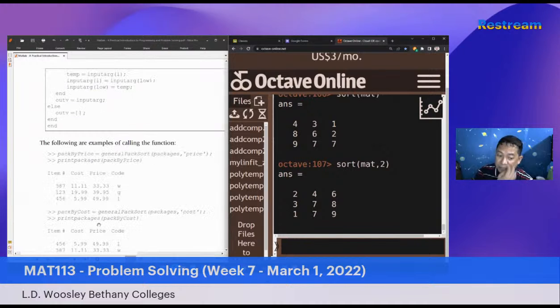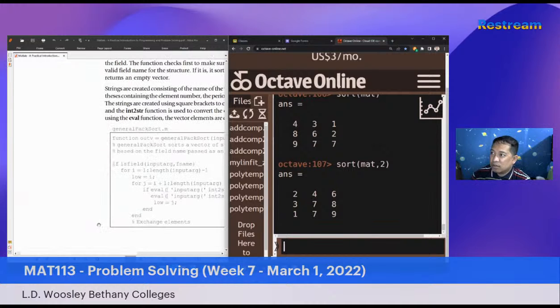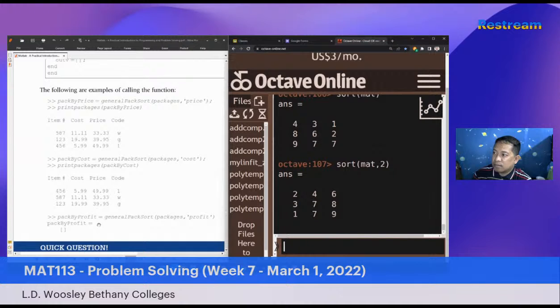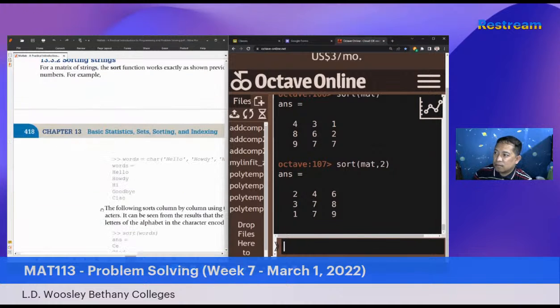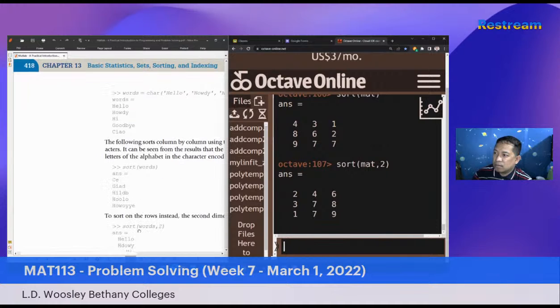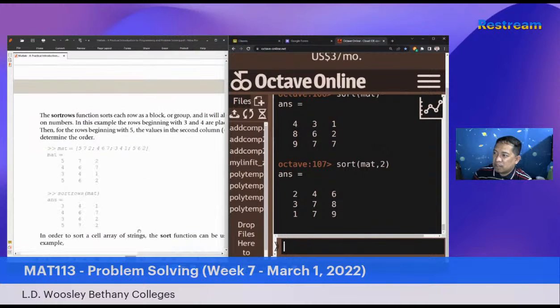Yan, so more on creation of functions. I think pwede na to, manageable na sa mga students to.